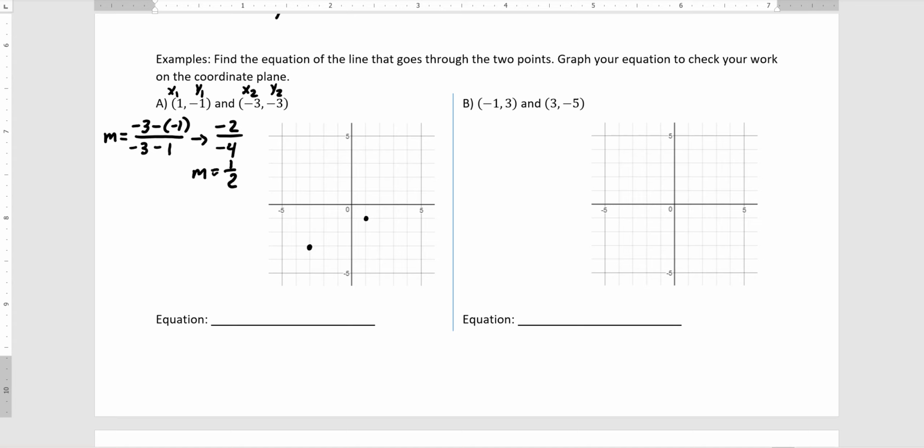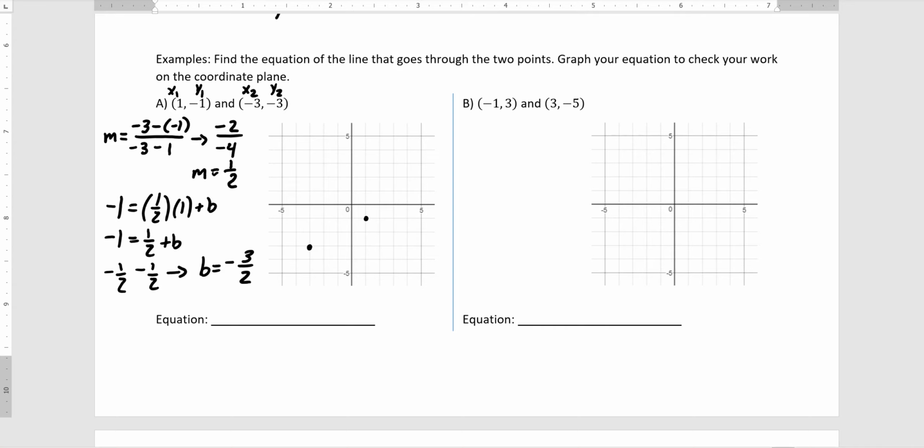Now let's use a point, x1, y1. So -1 equals 1/2 times 1, plus b. Well, 1/2 times 1 is just 1/2. I can subtract 1/2 from both sides, and I find that b equals -3/2.